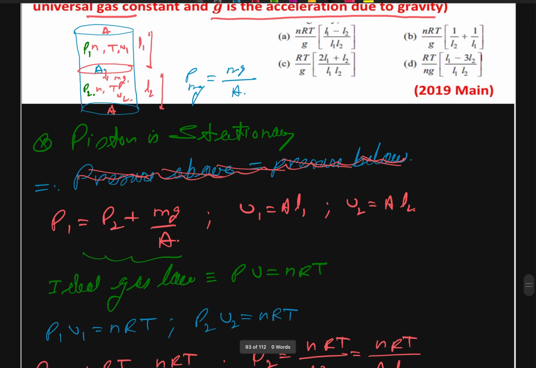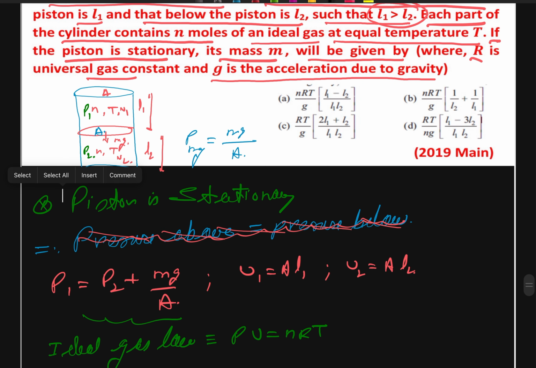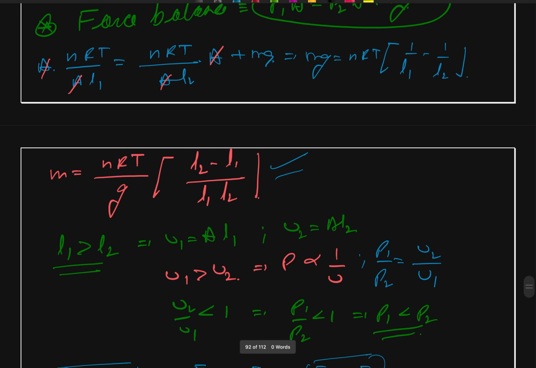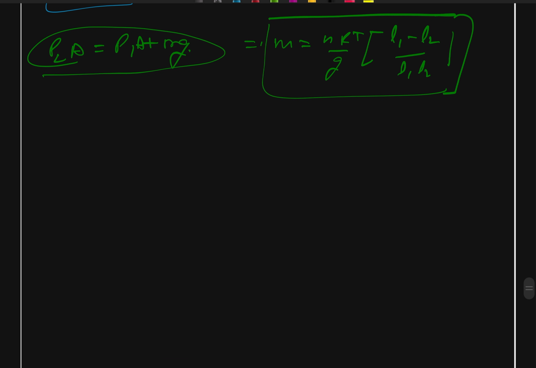So we get this as our L1 minus L2 upon L1 L2. Option A is correct.